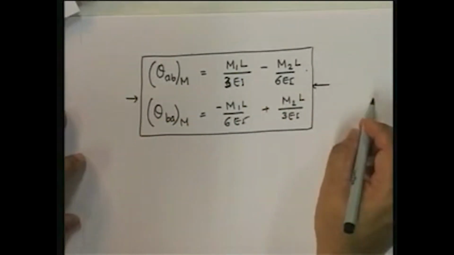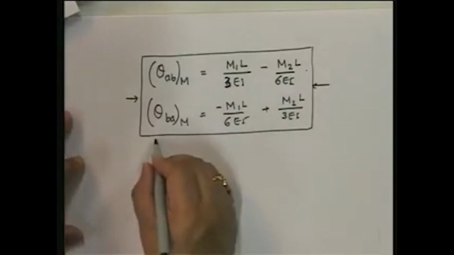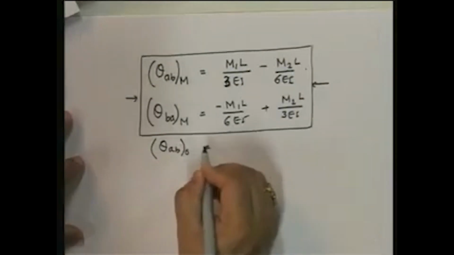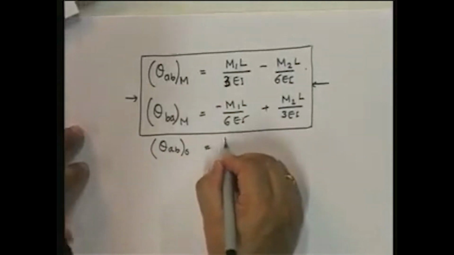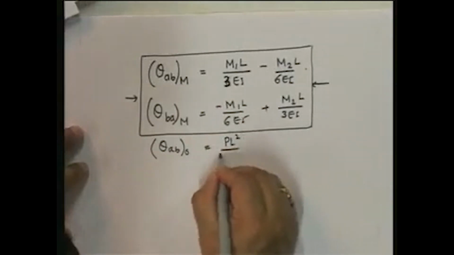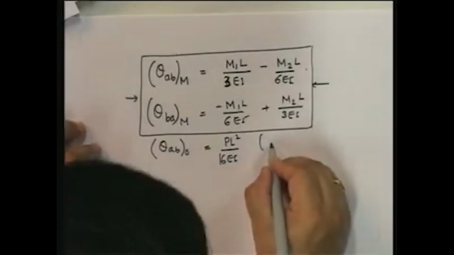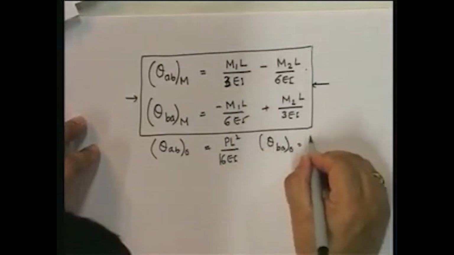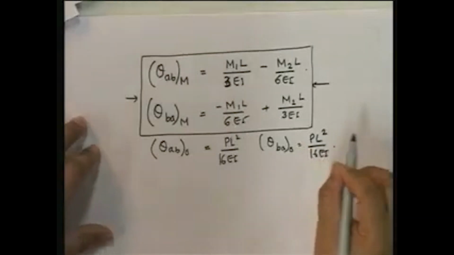Now, what is theta AB 0? Let me write that down. Theta AB 0, I've already computed it, is equal to PL squared upon 16 EI, and theta BA 0 is equal to PL squared upon 16 EI.